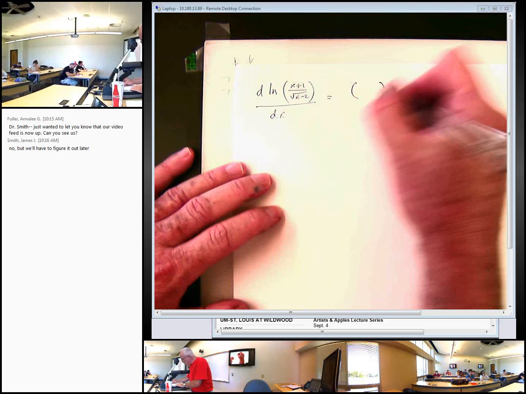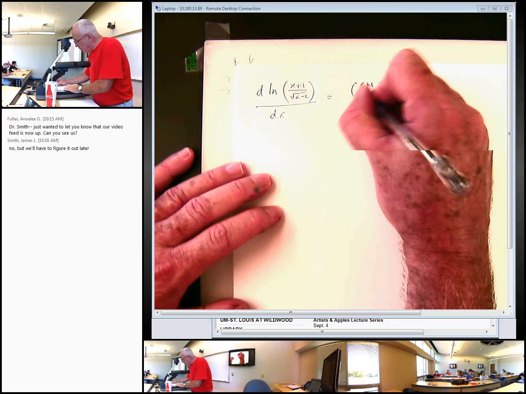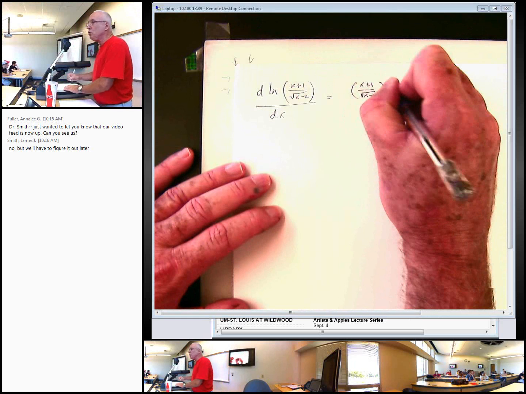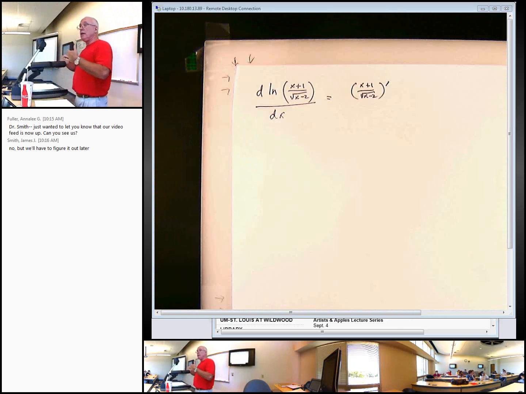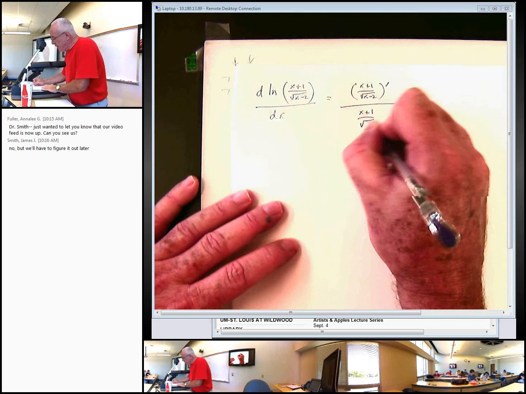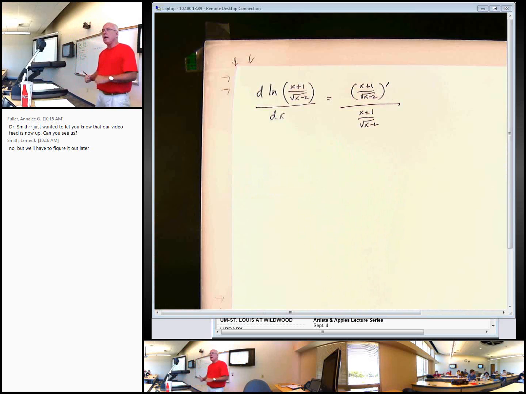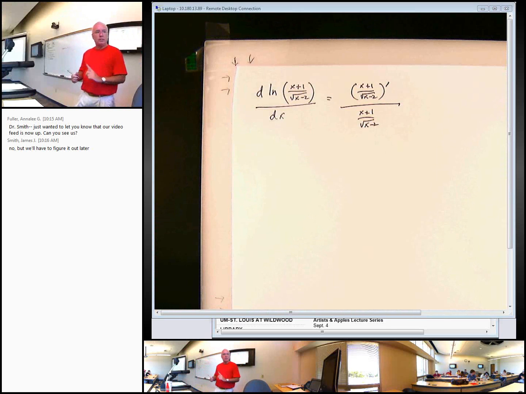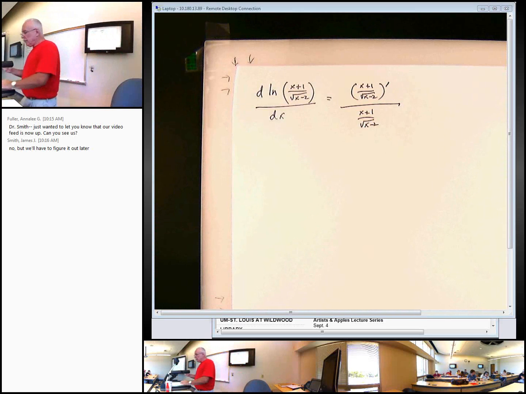We take the derivative of the inside function, and I'm not even going to do it. I'm just going to put, if you want to strong arm your way through this, this is how you would do it. Divided by the inside function itself. And that's a mess to calculate. Easy to make an arithmetic mistake. Let's do it another way.